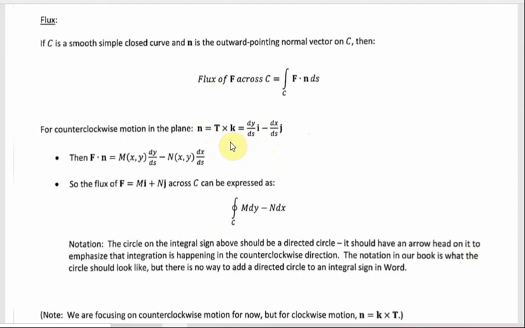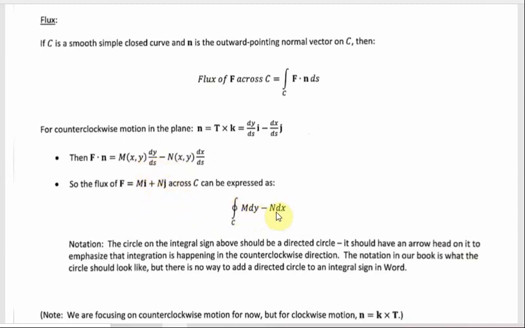I should have said that at the beginning. But okay, fine. If n is t crossed with k, then the dot product of f and n should be this, because the m and the n are coming out of f. And so how you would get the flux? Well, you would integrate this, basically.